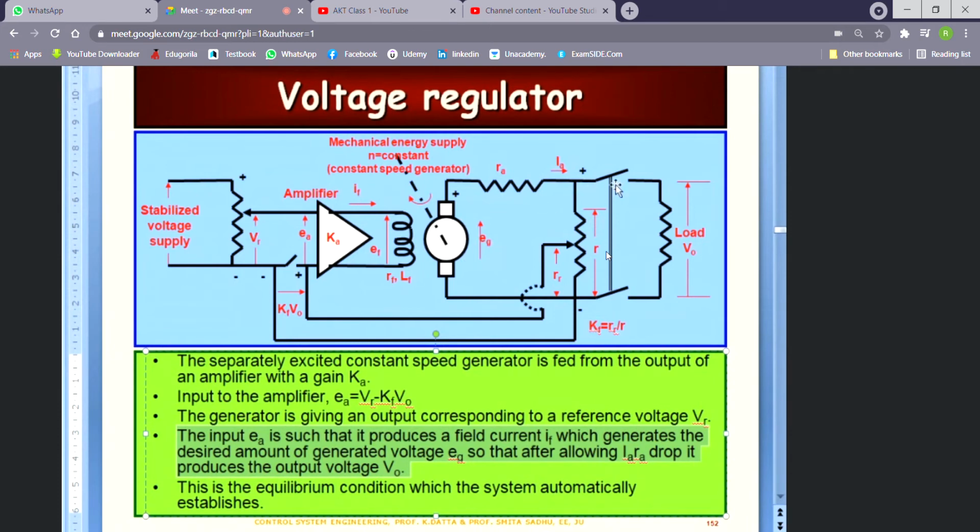Now let us say that there is a reference voltage which is applied, and as a result of that you have EA as the voltage at the input of the amplifier, and that has produced IF such that you get an EG which gives you VO, right? So this is the equilibrium position, right?